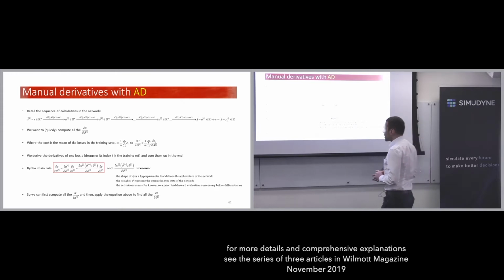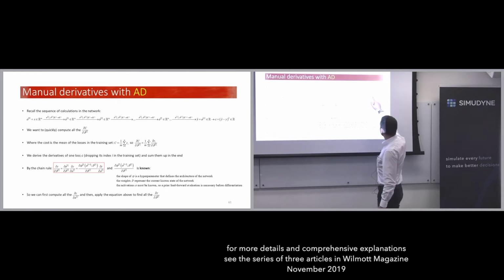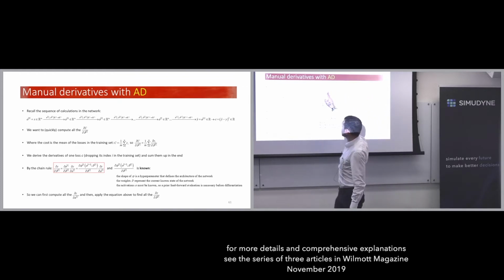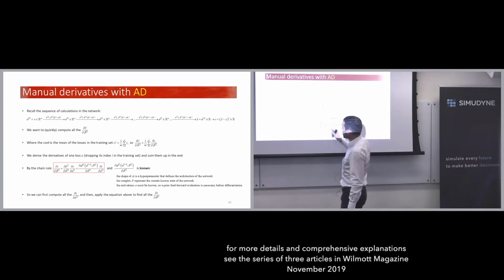So what does this tell us? That tells us that if I can simply compute the differentials of my loss to every one of these layers, every one of these activations, all the dC over dAL, then I can find the desired derivatives of C to the weights by application of this formula, for which one of the terms is known.